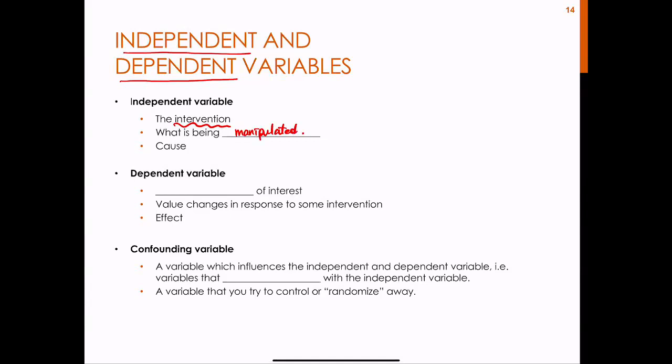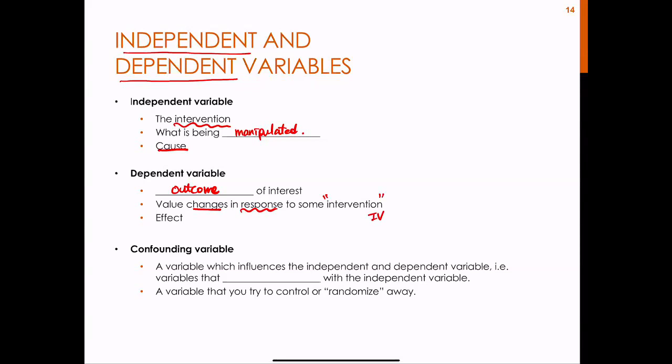It is often a cause, and you are trying to quantify what type of cause or how much of a cause that independent variable is having. The dependent variable is the outcome of interest, and this value probably changes in response to some intervention or independent variable.